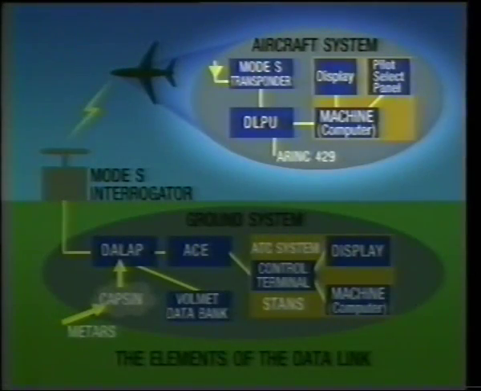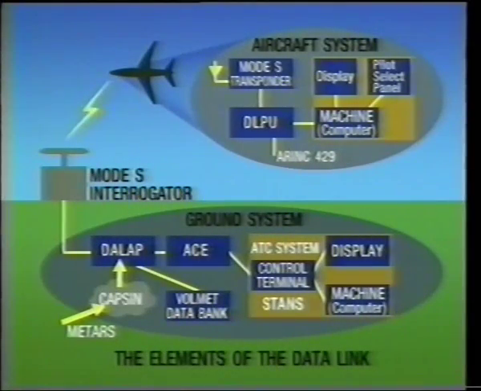Also installed in the aircraft is a processor that provides an interface to the aircraft avionics, a datalink processing unit, and a general-purpose computer that provides an interface to the pilot's selector panel and screen that forms the airborne end system.